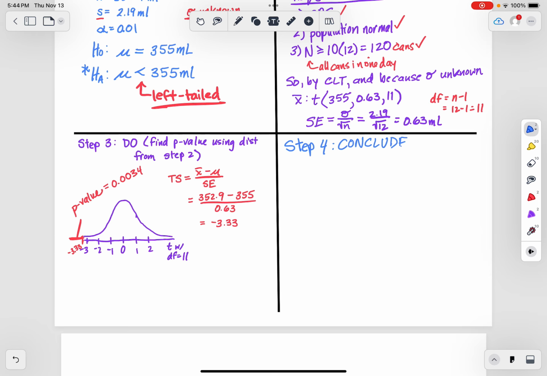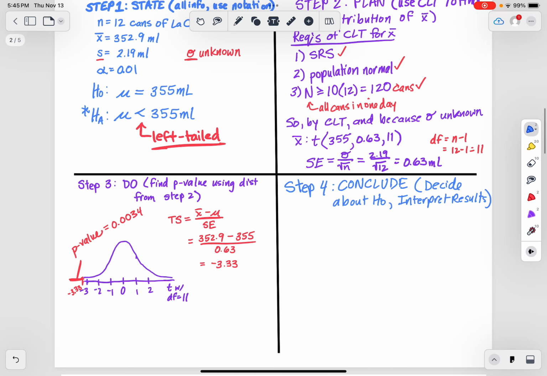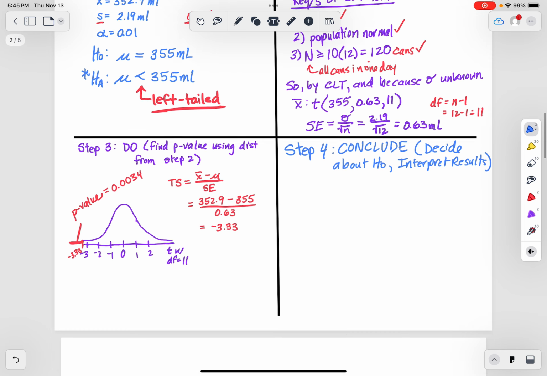Let's conclude. We're first going to make a decision about the null hypothesis, and then from there, interpret results. So we've got to remember, your first decision is always made about the null hypothesis, since that's what you assume to be true.